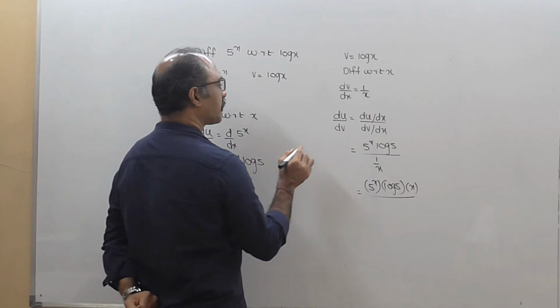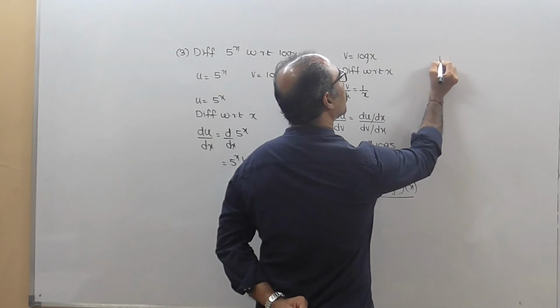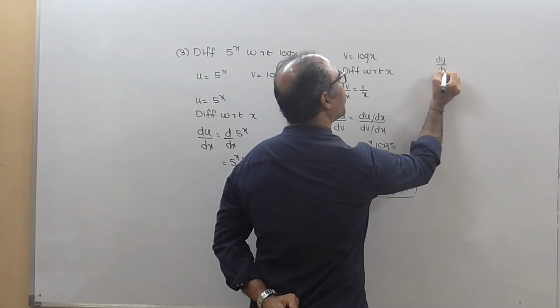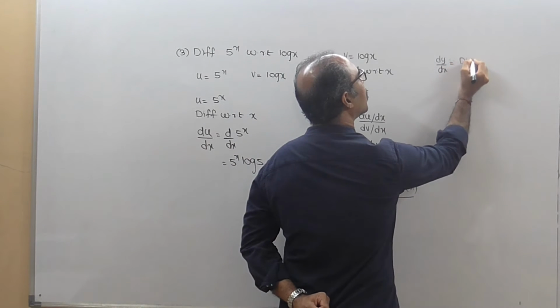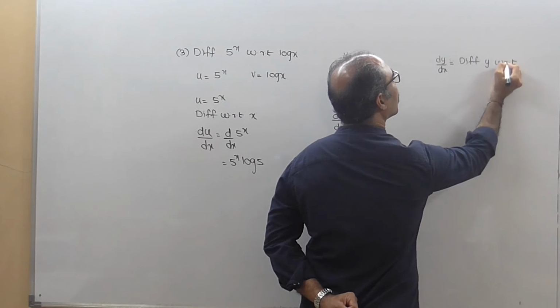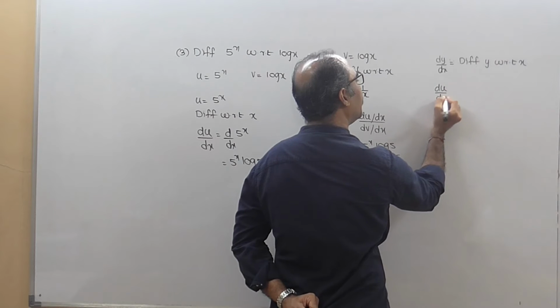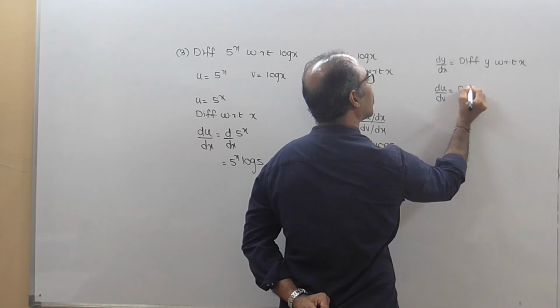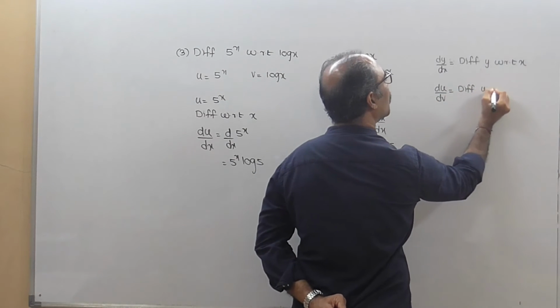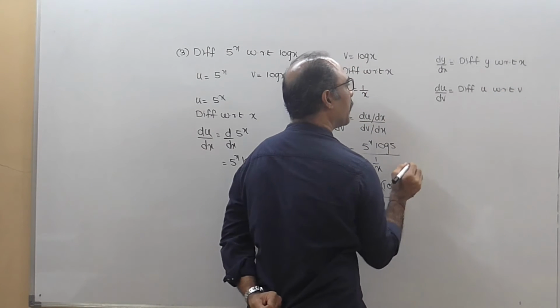See, if I ask you what is dy by dx, you will say this is differentiate y with respect to x. If I ask you what is du by dv, it is nothing but differentiate u with respect to v.